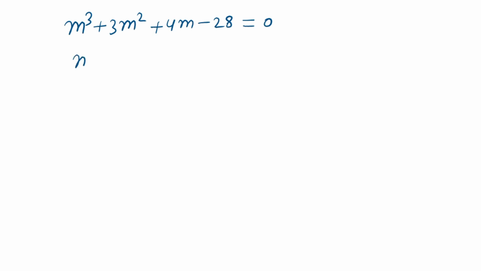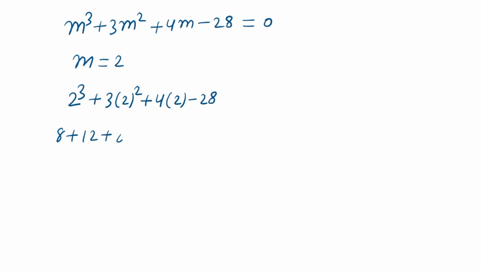If we substitute m = 2, then 2^3 + 3 times 2^2 + 4 times 2 − 28. 2^3 is 8, plus 4 times 3 is 12, plus 4 times 2 is 8, minus 28. 8 plus 12 is 20, 20 plus 8 is 28, minus 28 equals 0. It means m = 2 is a solution.